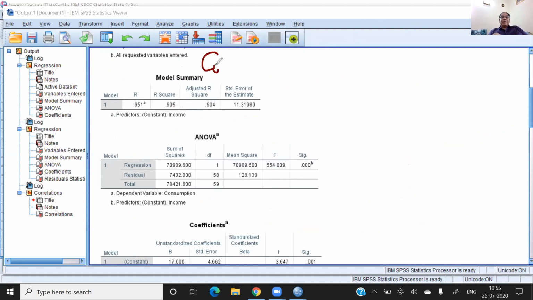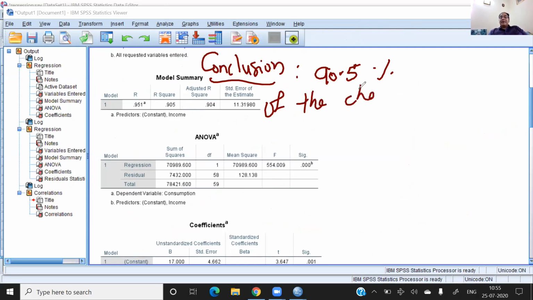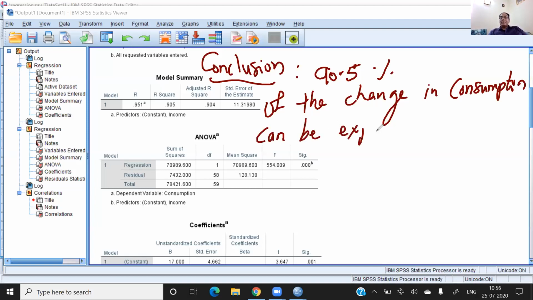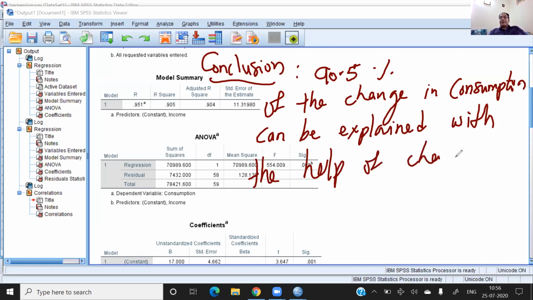In this case, my conclusion is that 90.5% of the change in Y, change in consumption, because here Y is consumption, can be explained with the help of change in income.